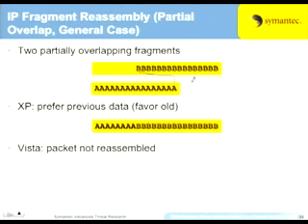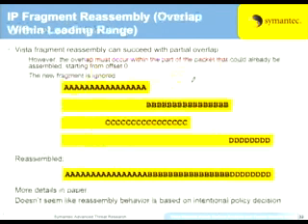In this case, XP will favor old, but Vista won't reassemble the packet at all. It appears that the state gets discarded. Although it is possible for partial overlap to succeed, but the overlap must occur within the part of the packet that could already be reassembled, starting from offset 0.